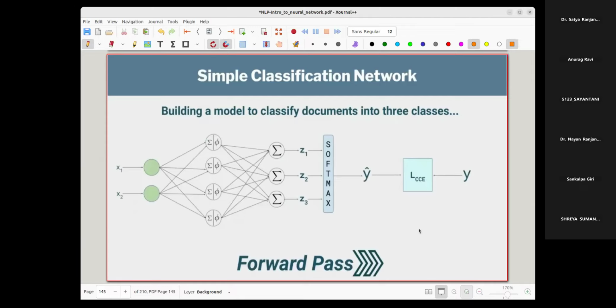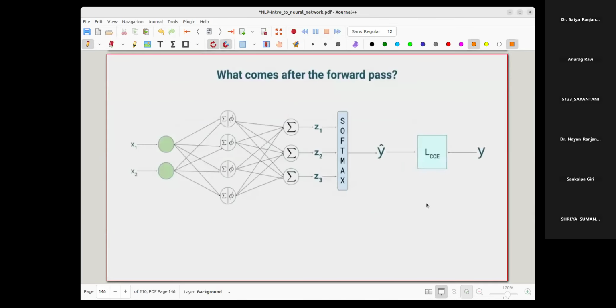Here also we call this the forward pass. We pass the input through these layers, we get the outputs, then softmax gives the predicted output. You have the actual output, and you use this categorical cross entropy loss to calculate the loss. This whole process is called a forward pass. Now the question is, what comes after the forward pass?